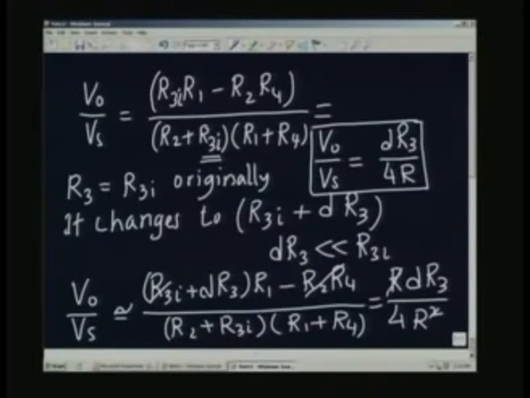If you remember, dR3 by R was related to the strain through the expression epsilon into (1 plus 2 nu). So, we can rewrite this in terms of the strain, which of course can be done any time one would like to do that. So, let us look at this expression and look at a simple example.